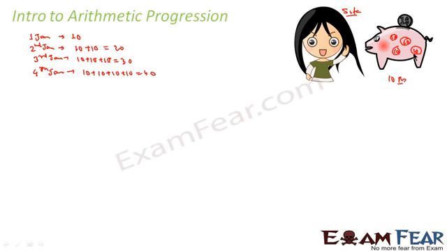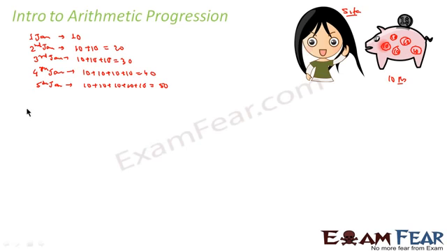Total is 40 rupees. 5th Jan also, she has put 10 rupees. So again on 5th Jan, the total amount is 5 coins, that is 50 rupees. One more 10 rupees coin. So if you see here, there is a pattern.